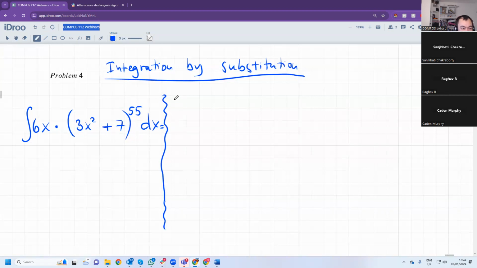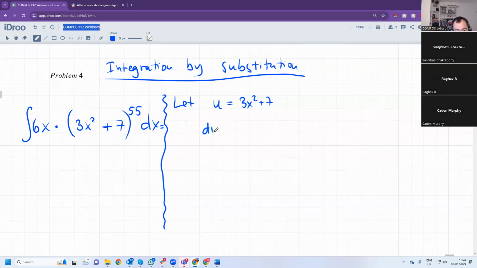Let u, a new letter, equal, I like this expression. I wouldn't substitute 6x. It doesn't make any sense to substitute 6x. So at some point you get a feeling for those things. You substitute this expression. Let u be equal to 3x squared plus 7.